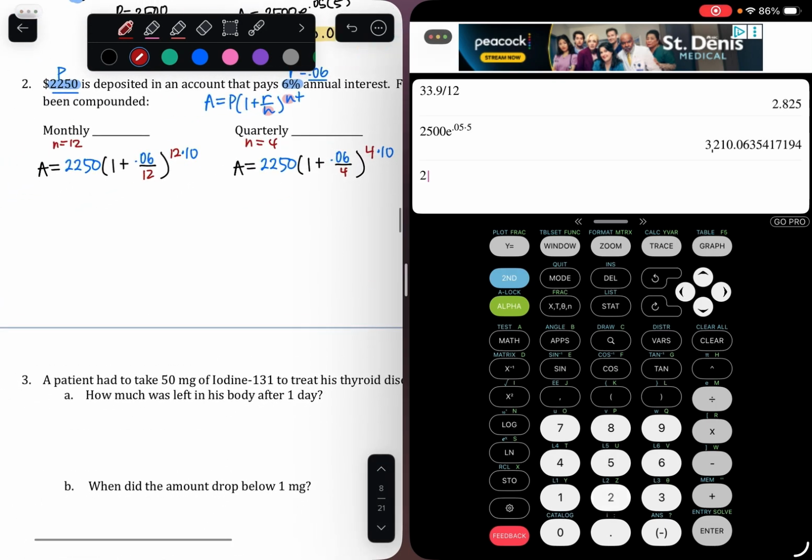Okay, start with your 2250. Open your parentheses and do your 1 plus. Do your alpha y equals to get a fraction. And then you're doing your 0.06 over 12.